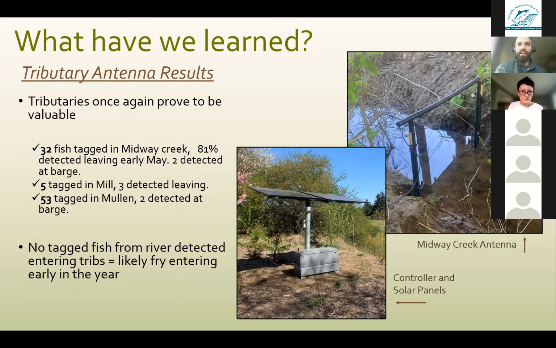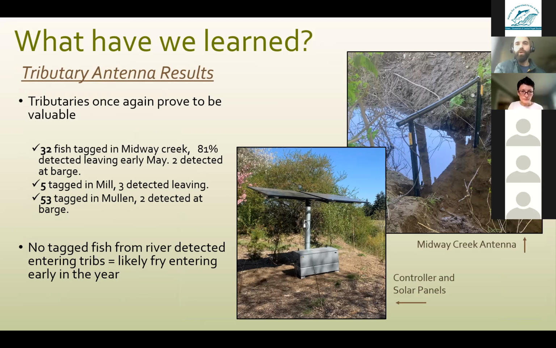One of the big takeaways from this, though, is that none of the fish we tagged in the river were actually detected moving into these tributaries. So while we can't say for sure, again, because we didn't tag all the fish, this suggests that the fish that were in the tributaries were very likely fish that got in very early in the year.